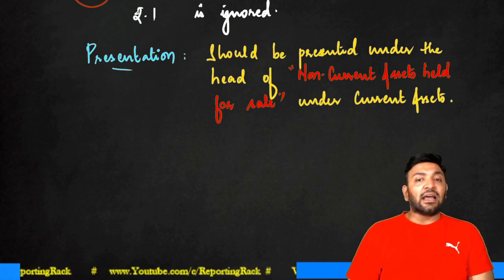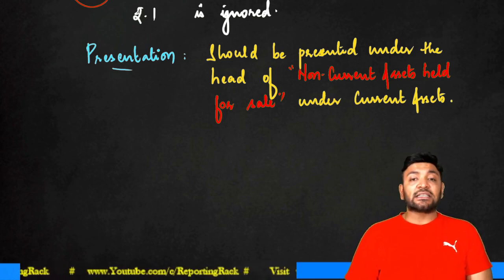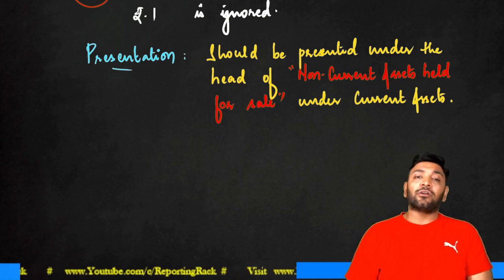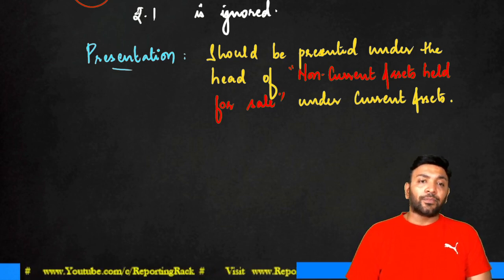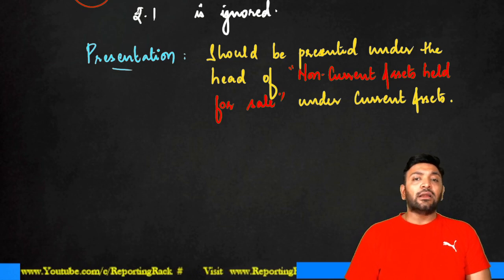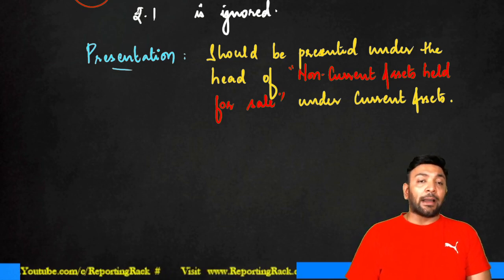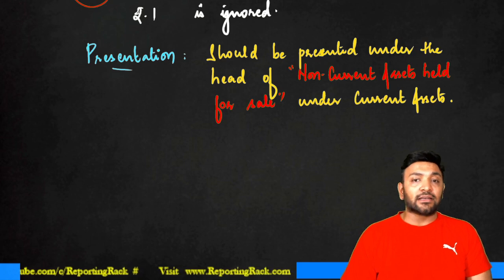It should be presented under the head of non-current assets held for sale under the heading of current assets. So this is presentation, and this is how the presentation should happen as far as your financials are concerned.